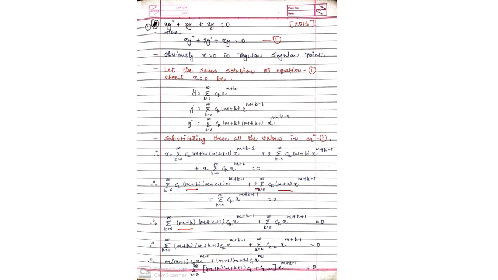So m plus k minus 1 plus 2, so m plus k plus 1. Now see ck is common in both the terms, and x to the power m plus k minus 1 is also common in both the terms. And the last term I keep as it is. You can see that here.